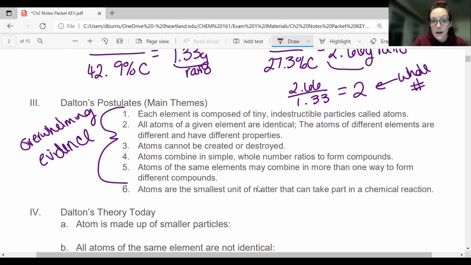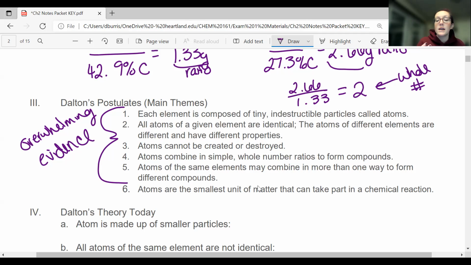You can't call it a theory unless you have tested it in multiple different ways, multiple different times. Okay, so theories in science actually have overwhelming amounts of evidence behind them, and we can believe or trust in them. Okay, a law, on the other hand, is something that just states what is true. So we just had the law of definite proportions, which says this is always true.